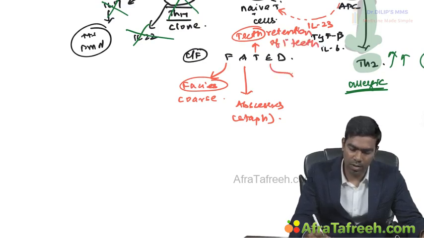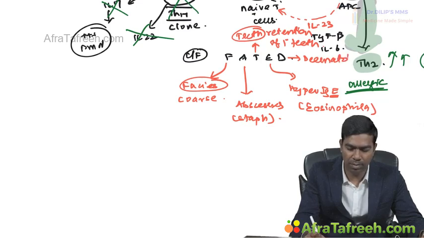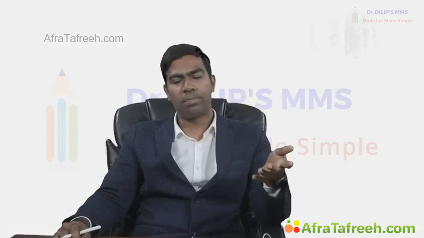And E stands for hyper IgE, and the patient will have significant eosinophilia, and a lot of dermatological manifestation in the form of severe eczema, because I told you this T helper 2 pathway is activated. That is an allergic pathway.